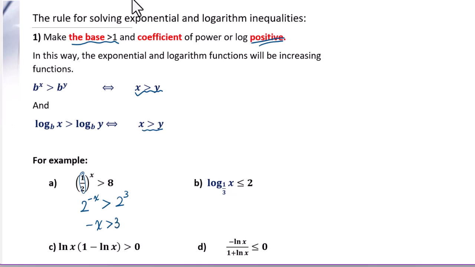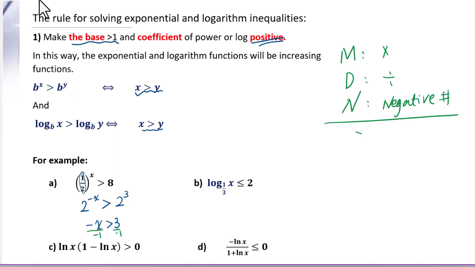Both sides divided by -1. According to the rule, mommy, daddy, nanny: multiply or divide by a negative number, we switch the symbol. So we get x less than -3 as the solution.